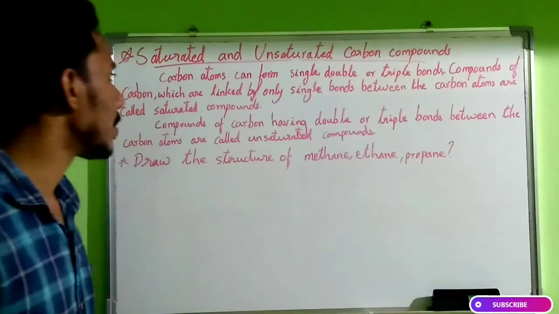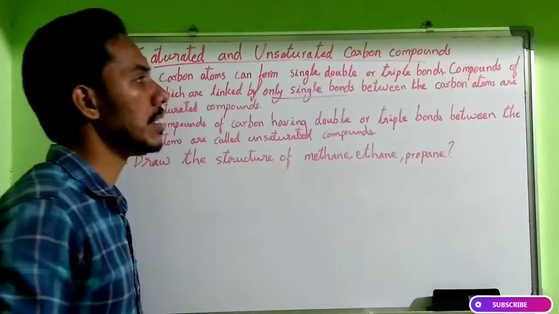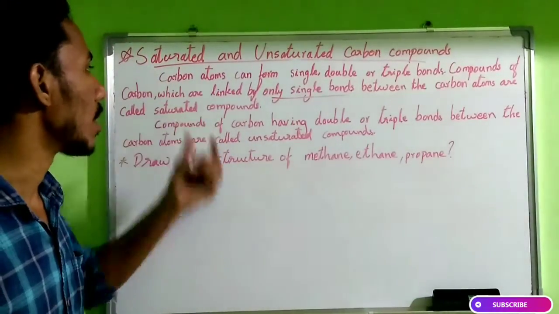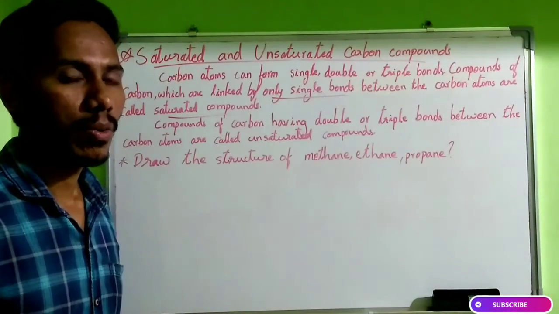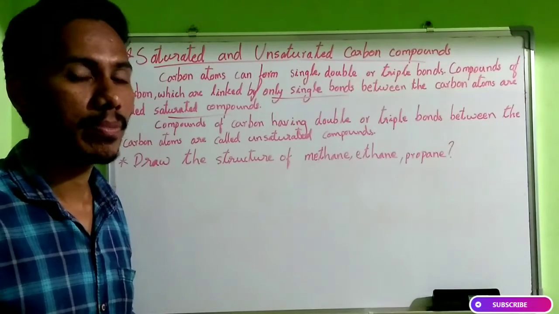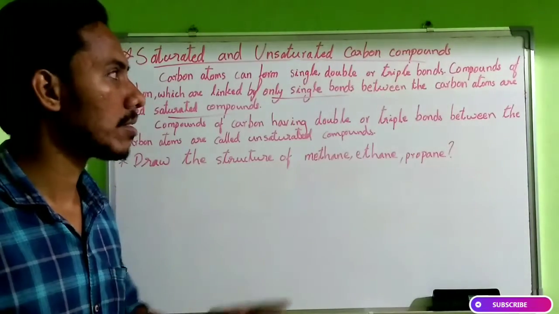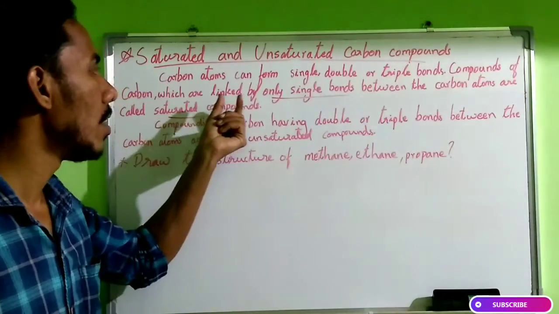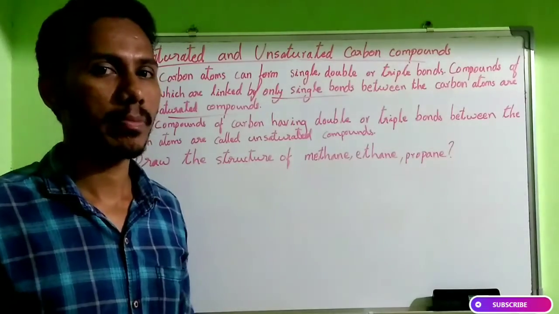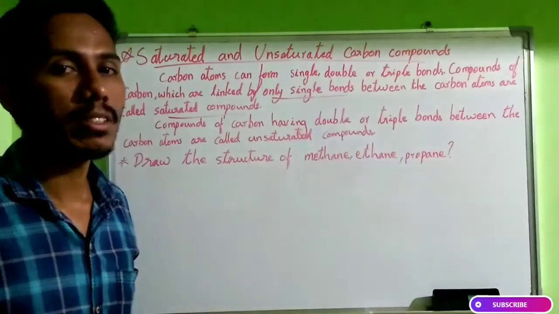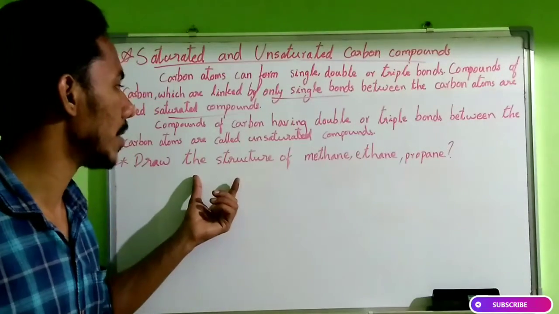Compounds of carbon atoms which are linked by only single bonds between the carbon atoms are called saturated compounds. What are saturated compounds? The compounds in which there is only a single bond. We will discuss the examples in this question.